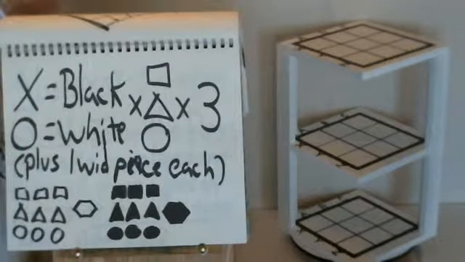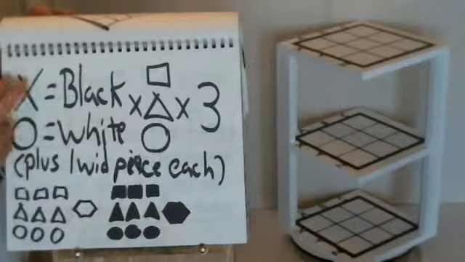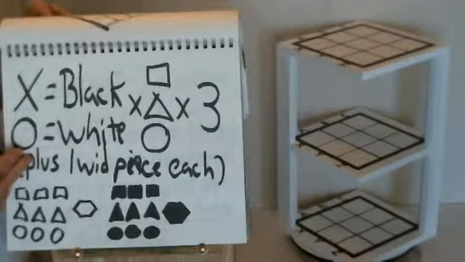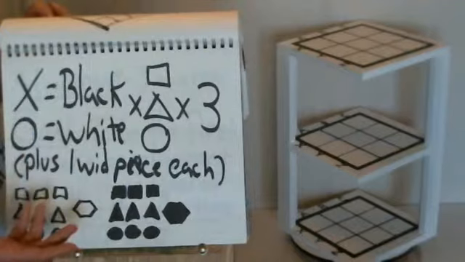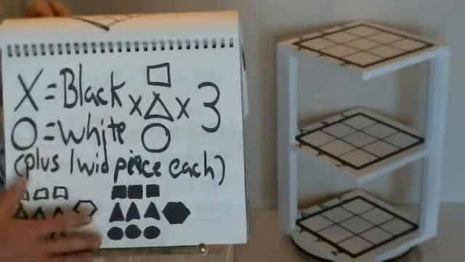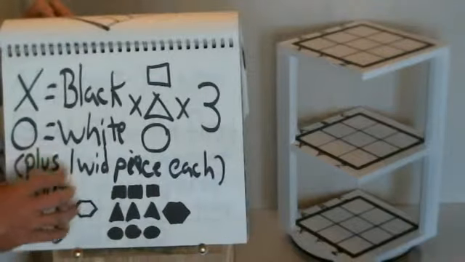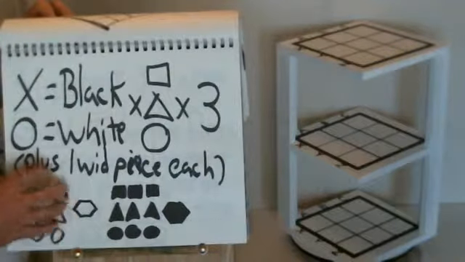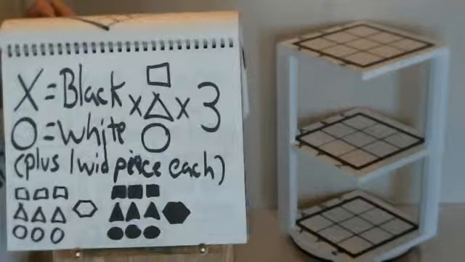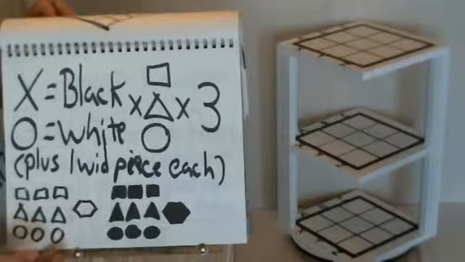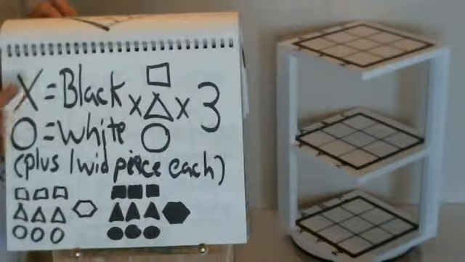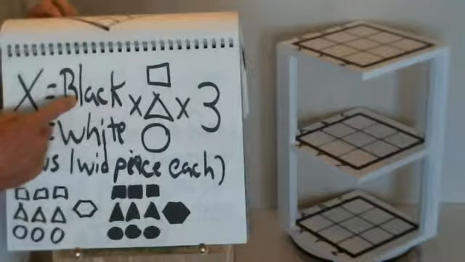The pieces, the characters X and O that are played in tic-tac-toe, we had to turn into a different set. We're trying to play 3 simultaneous games of tic-tac-toe at the same time, so we had to have a way to differentiate between which one's which. So we took X and assumed that it was black.